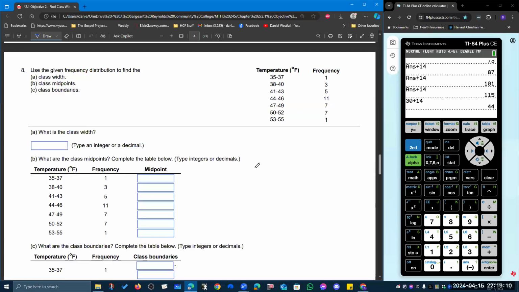All right, let's use the given frequency distribution to find the class width, class midpoints, and class boundaries. So my class width is going to be 38 minus 35, which is 3. I just took 2 consecutive lower limits or 2 consecutive upper limits to find that.